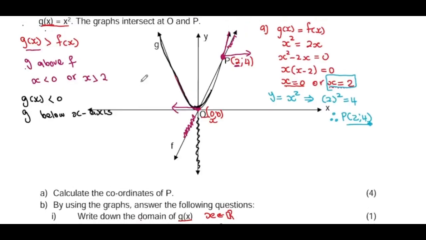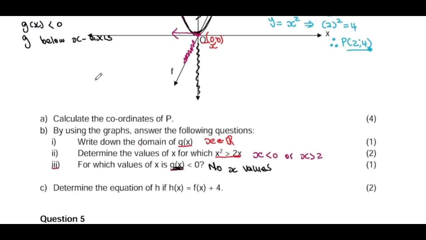So g only takes positive y values. There's no x value that has what? Negative y value. All of the x values will contain positive y values, because look at how the graph looks like. I hope that was an easy one.